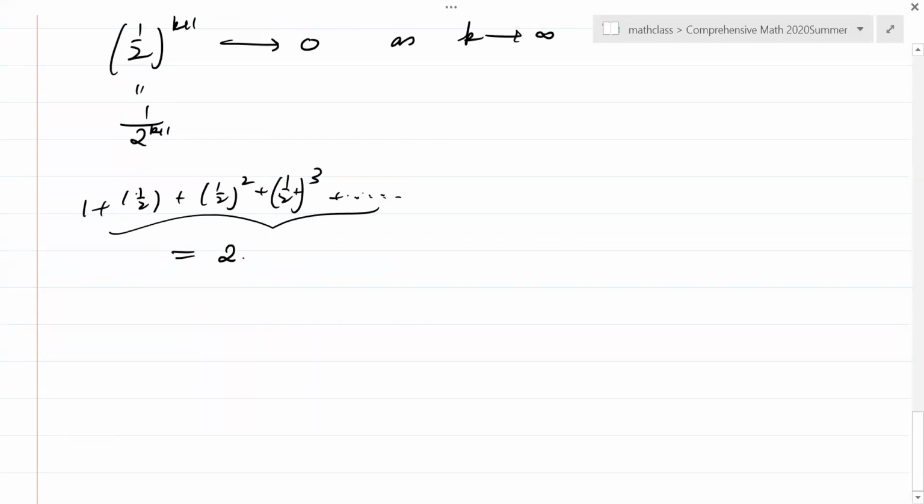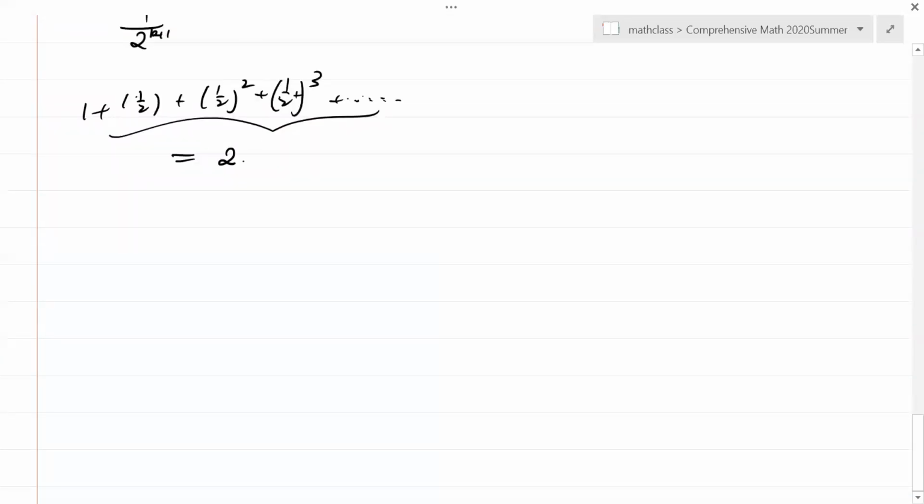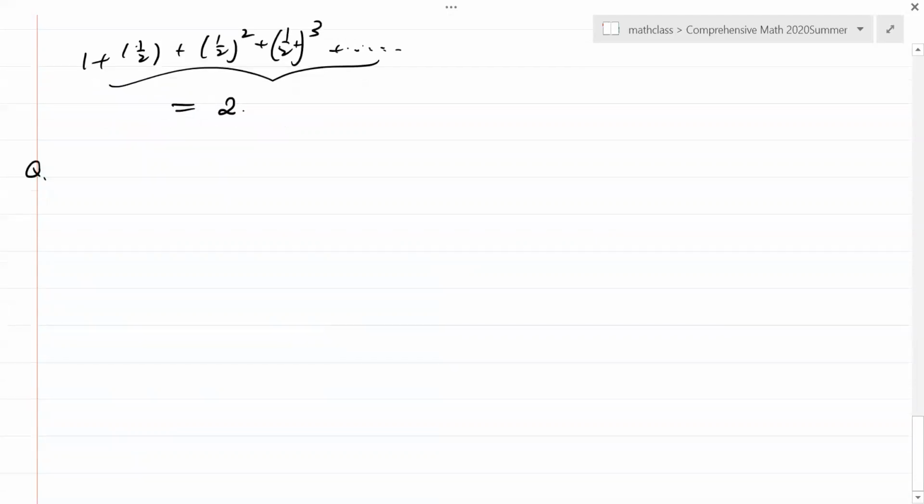All right, now let's look at a geometry problem. Okay, here's a question. The idea is very simple.